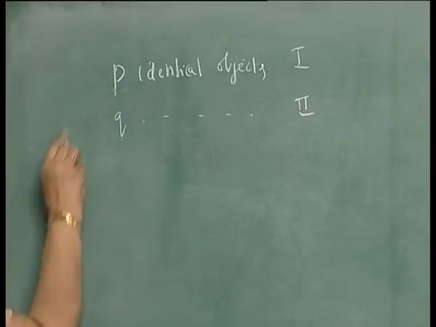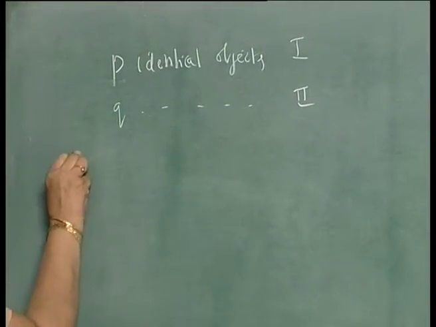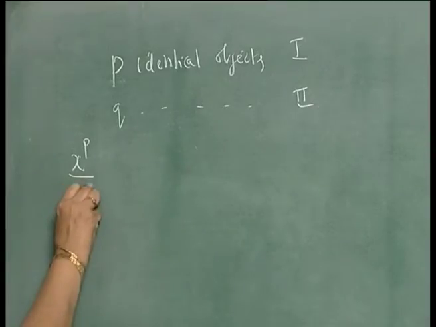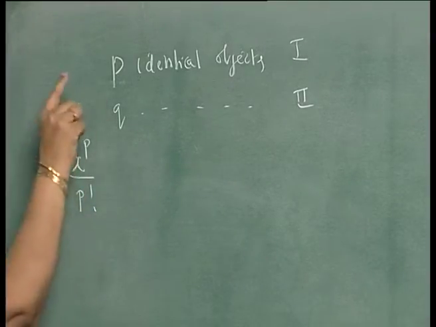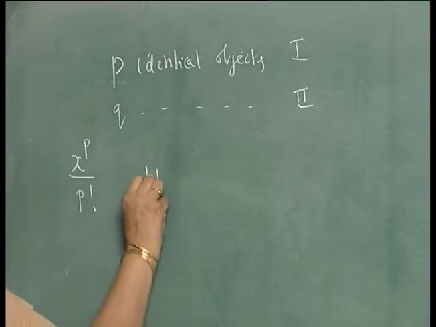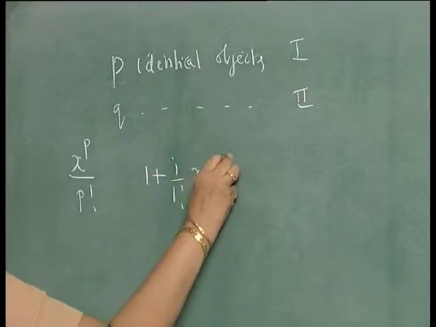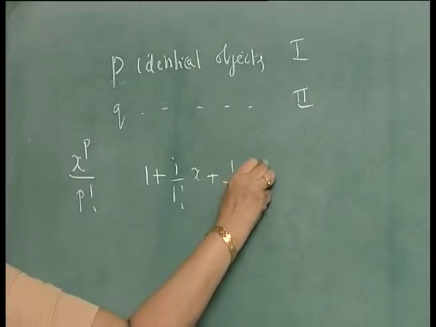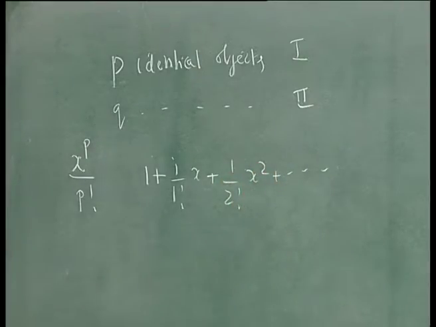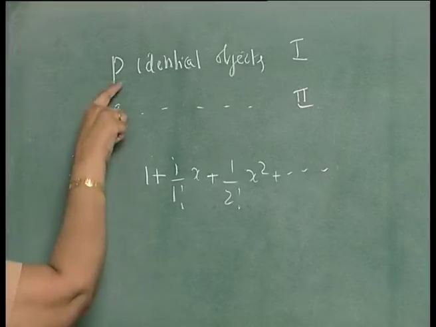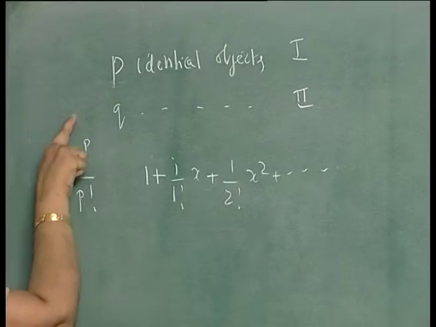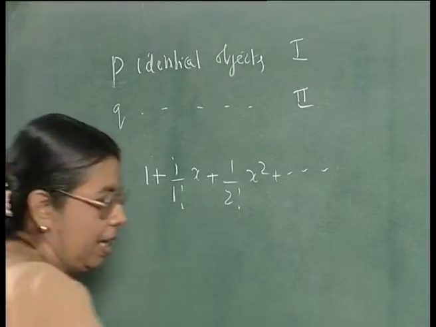If you take all the p of them, it is given by x^p / p!. If you take 1, 2, 3, 4 of them, that is given by the expression 1 + (1/1!)x + (1/2!)x^2 and so on.